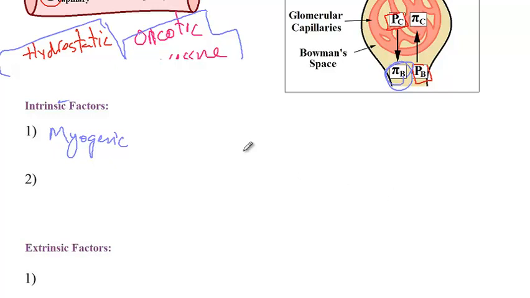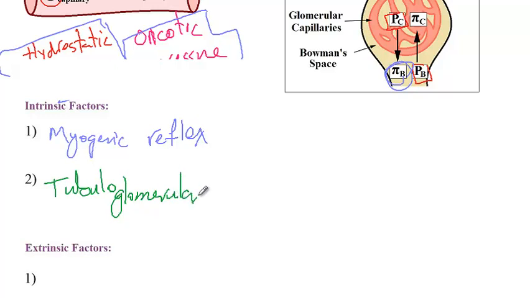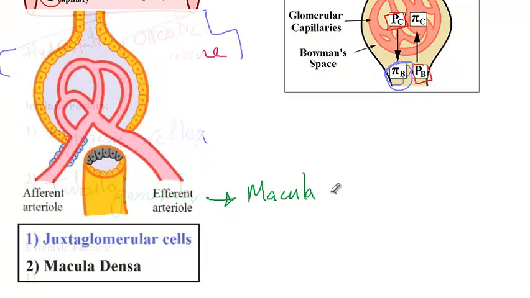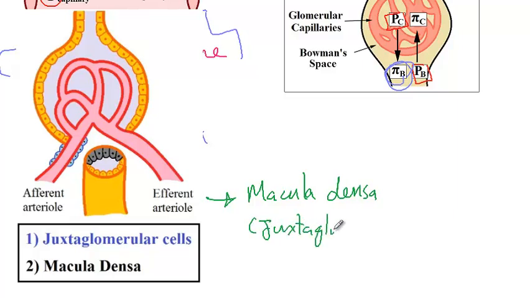The very first mechanism was the myogenic reflex. The second mechanism is the tubuloglomerular feedback mechanism, where there are cells called macula densa, found at the juxtaglomerular apparatus.